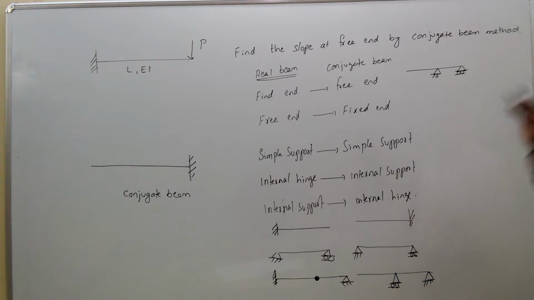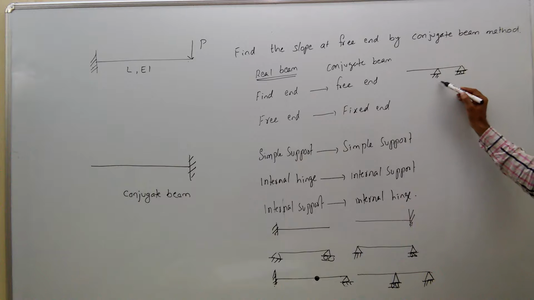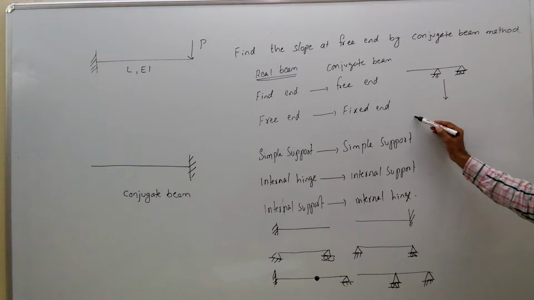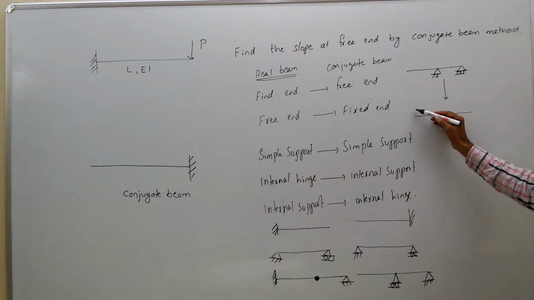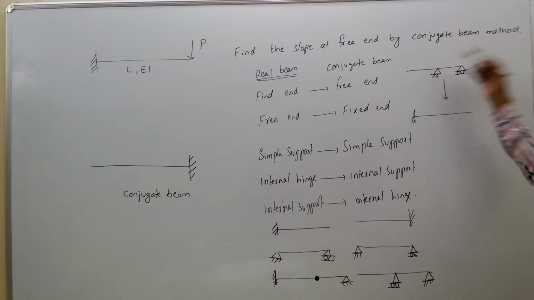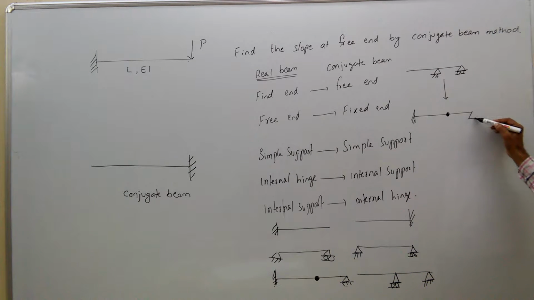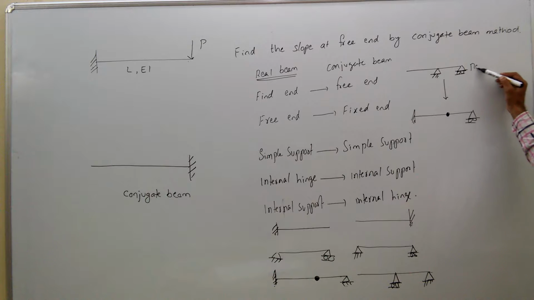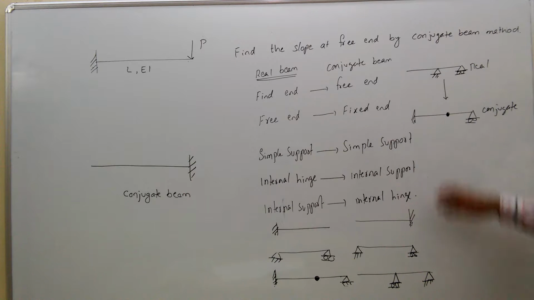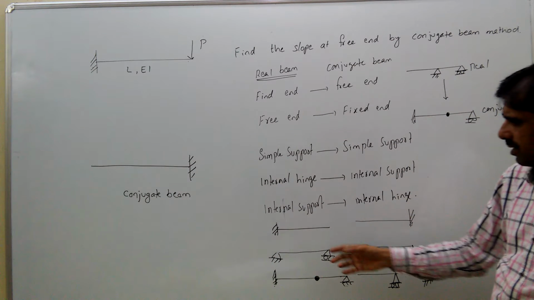In this beam, this will become a free end, become a fixed end. Internal support becomes internal hinge, end support only, like this. This is the real beam, this is the conjugate beam. Like this, supports will change.